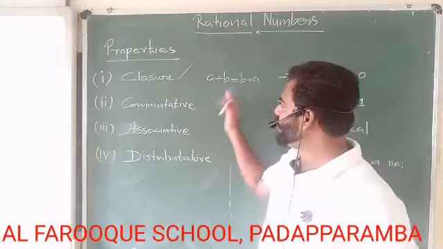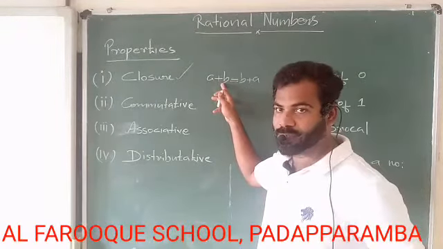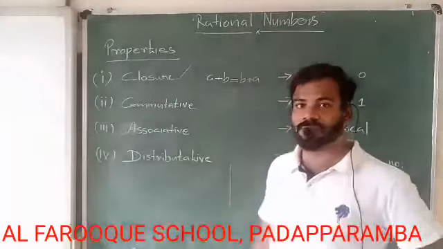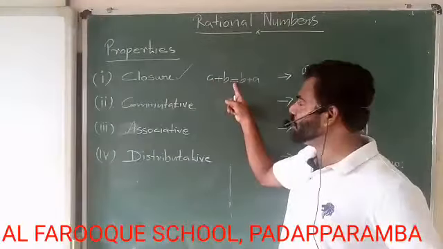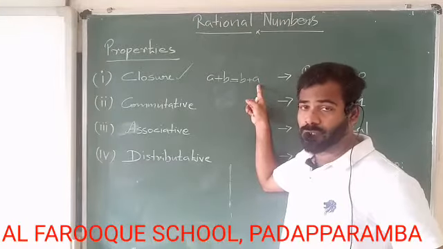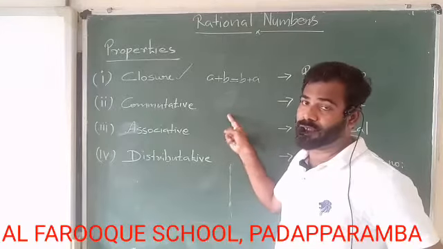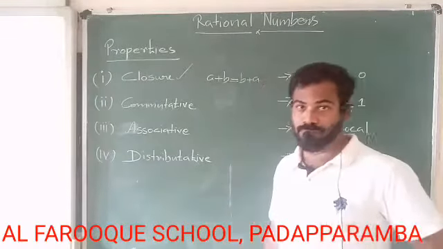Clear? So we can say that addition is commutative. But what about in the case of subtraction? Is A minus B equal to B minus A? No, they are not equal. So we can say that subtraction is not commutative.